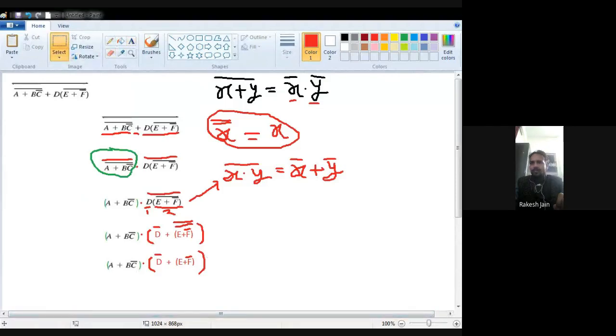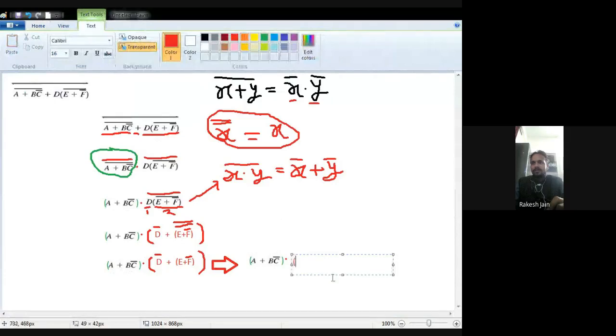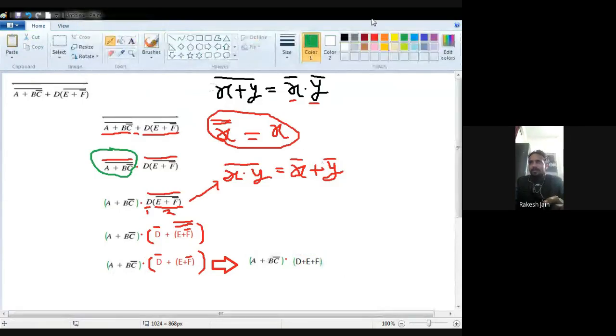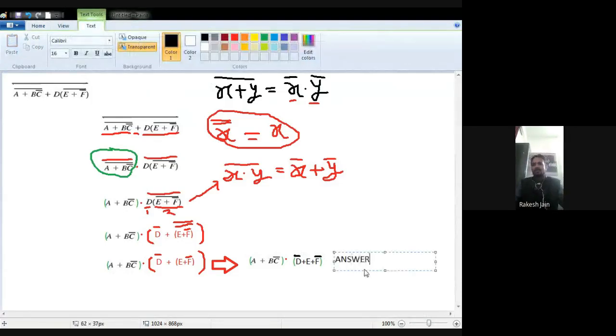The final solution is a plus b c bar dot, in brackets, d bar plus e plus f bar.